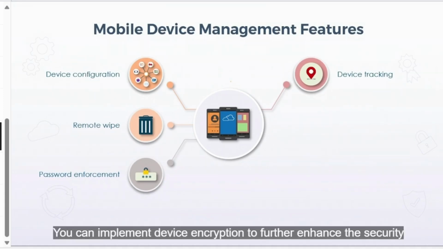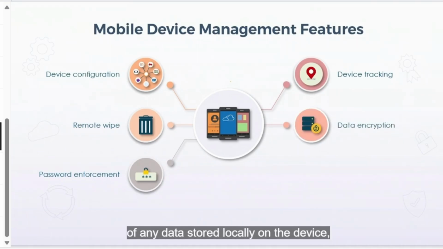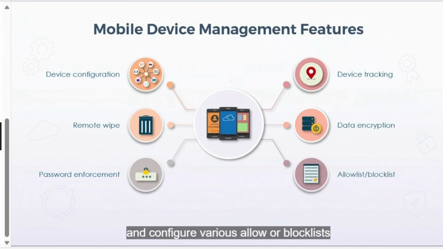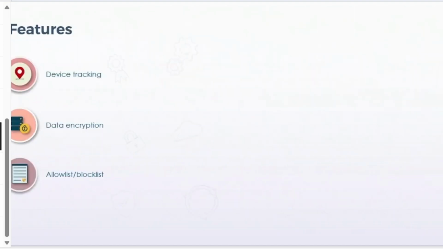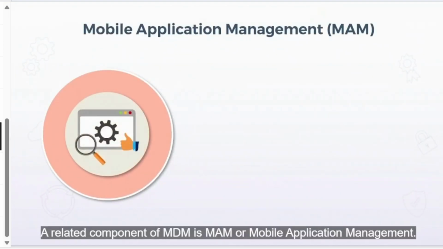You can implement device encryption to further enhance the security of any data stored locally on the device, and configure various allow or block lists that could apply to acceptable websites or perhaps the Wi-Fi networks that user can or can't use.